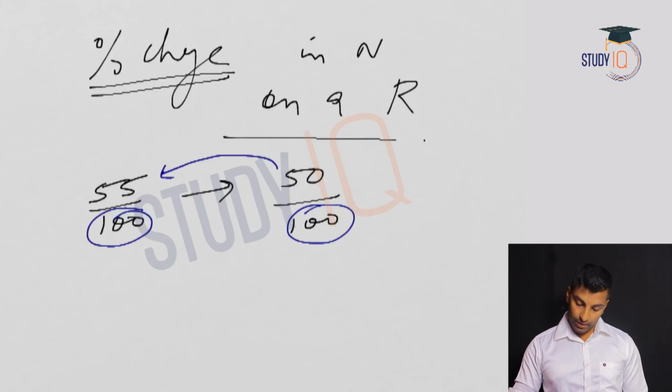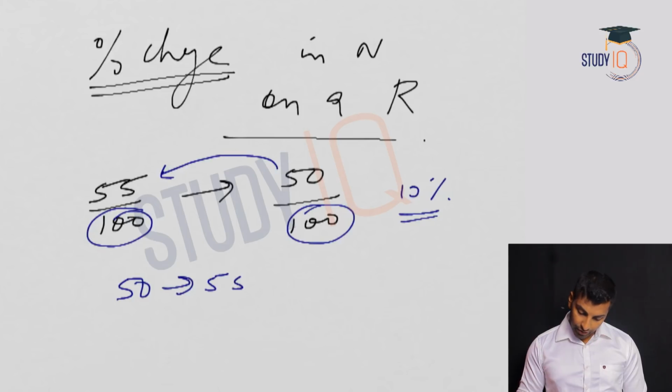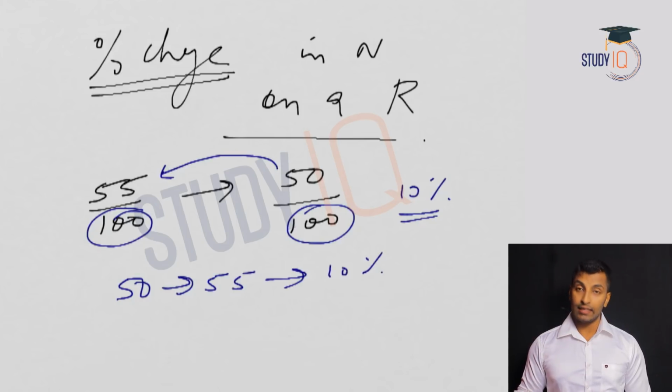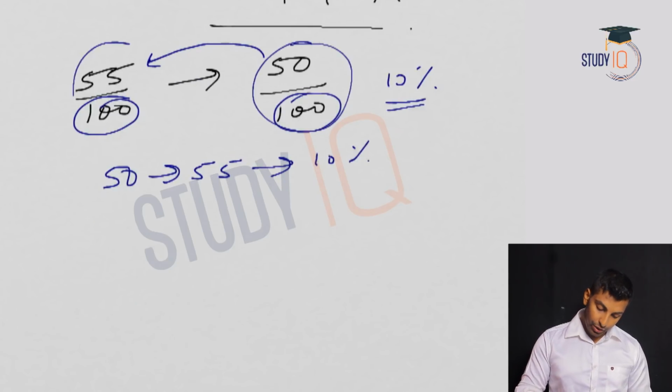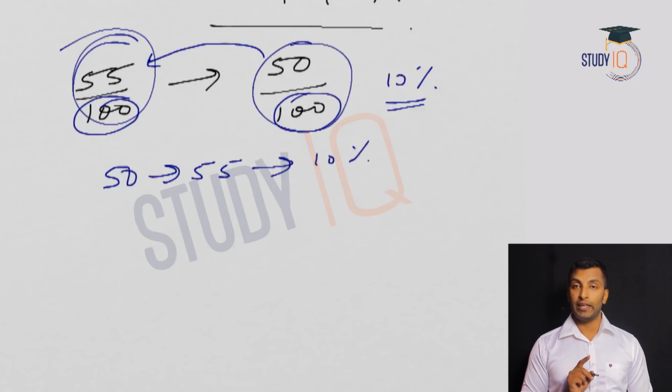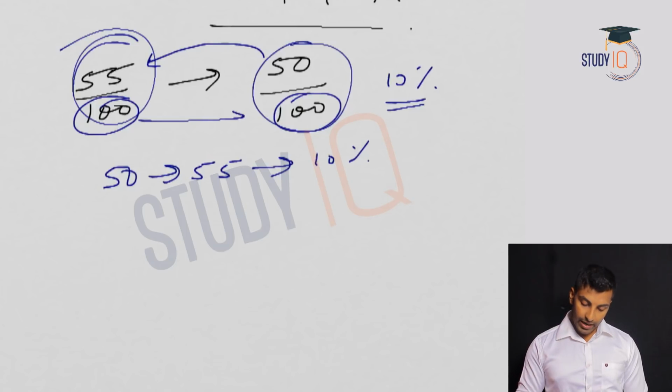What is the percentage change? 5 by 50, so the change is 10%. So from 50 to 55 there is a change of 10%, and exactly the same in the case of 50 by 100 to 55 by 100, the change will be 10%. The reason is the denominator is the same.